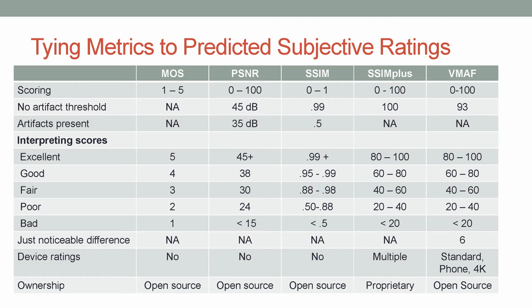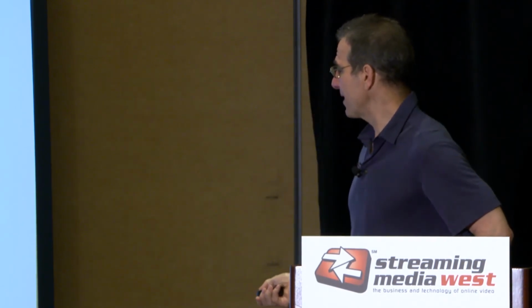Just noticeable difference is a concept of, if you see a difference in dB for PSNR between, say, 38 and 37, what does that mean? Is that catastrophic, or is anybody going to notice? One of the nice things about VMAF down here is Netflix has come out and said if you have a VMAF score that's 6 points different, that constitutes a just noticeable difference.